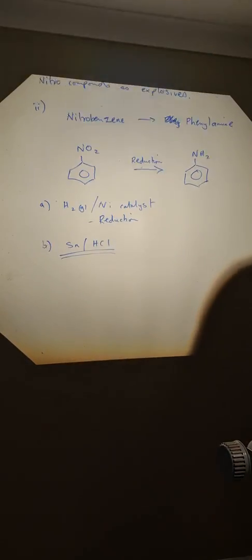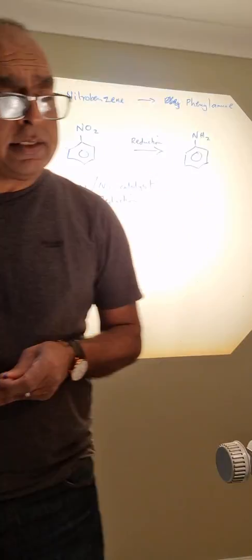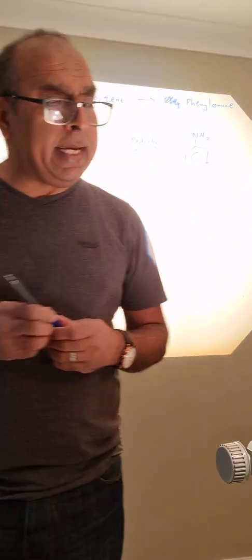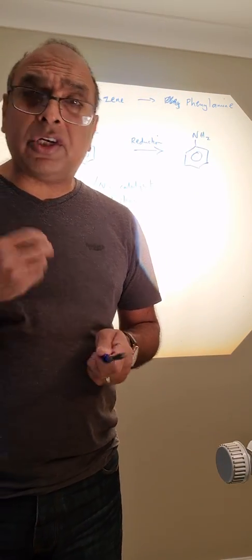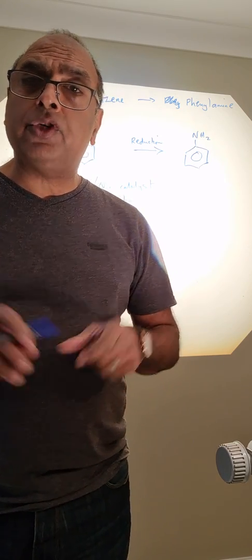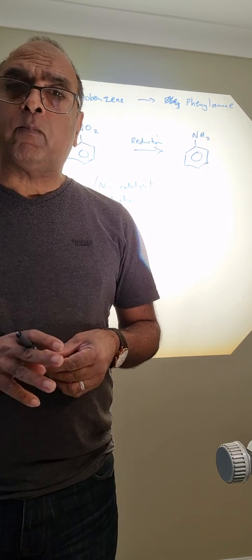So, if we use this mixture, how do we show it in an equation? Well, the easiest way to show it in an equation is similar to if we were using acidified dichromate, acidified manganate, when we were showing those as oxidizers we used O in square brackets to simplify the equation.